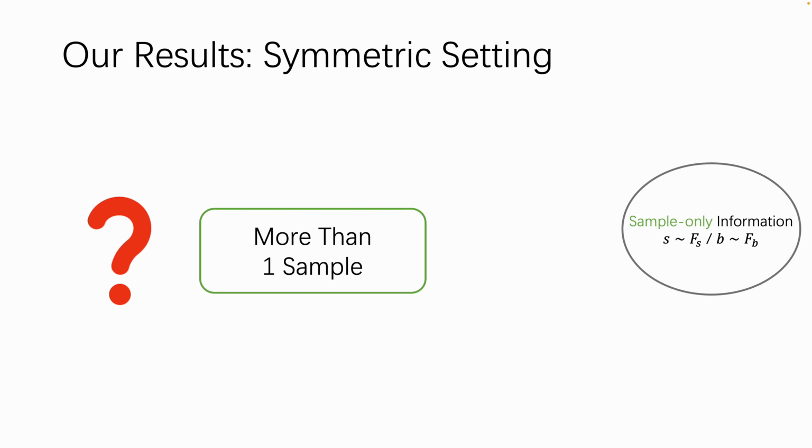So we propose a new family of mechanisms using any finite number of samples called order statistic mechanisms and provide an exact characterization of the optimal mechanism for any number of samples in this family via a max-min optimization problem.